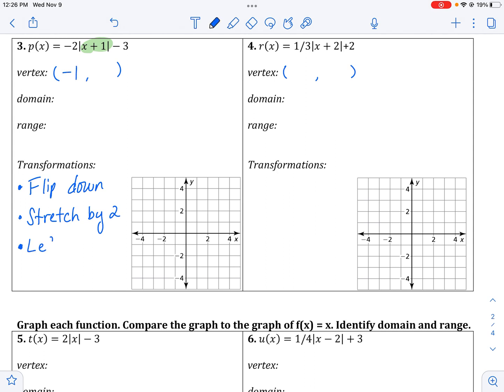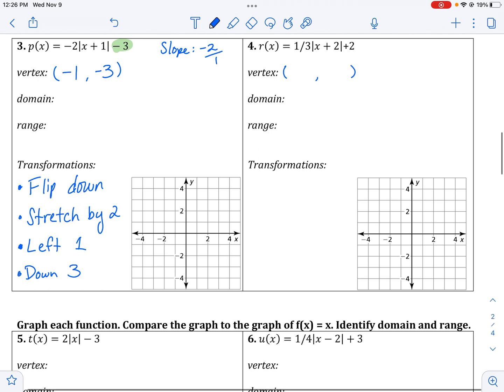So left and right, that's going to be left 1. And then my k value is a negative 3. So up and down, if it's negative 3, that would be down 3. And my slope, I know, is a negative 2, or negative 2 over 1.